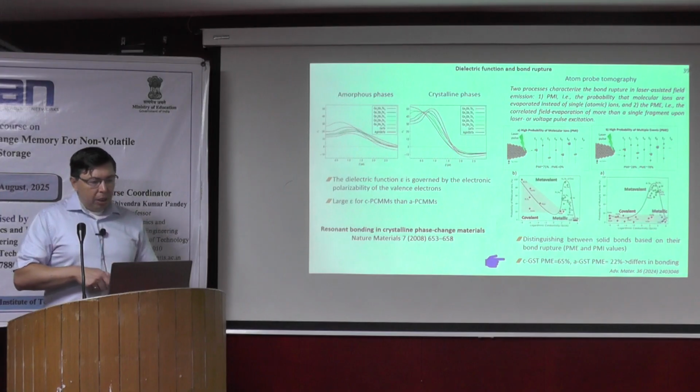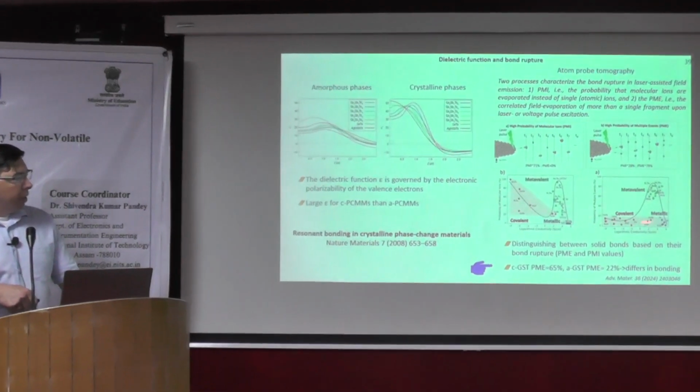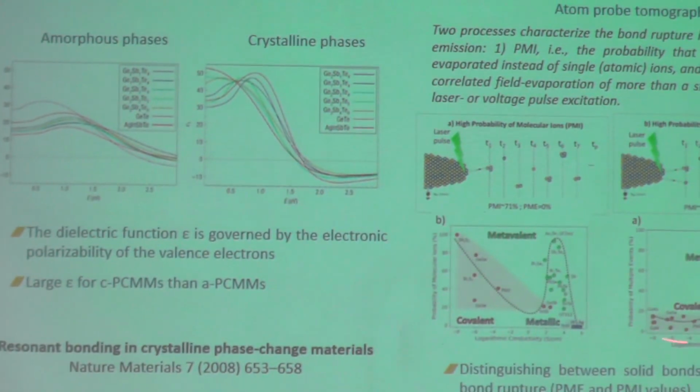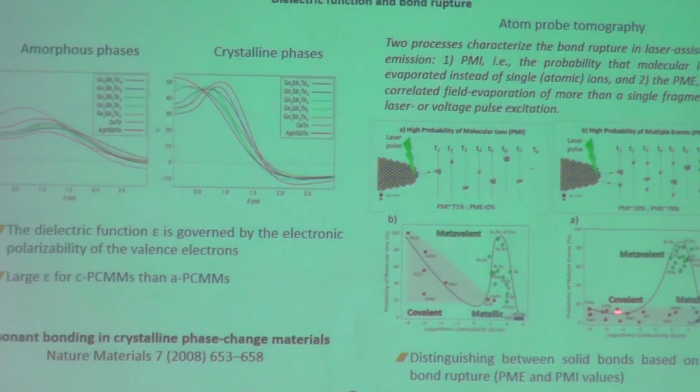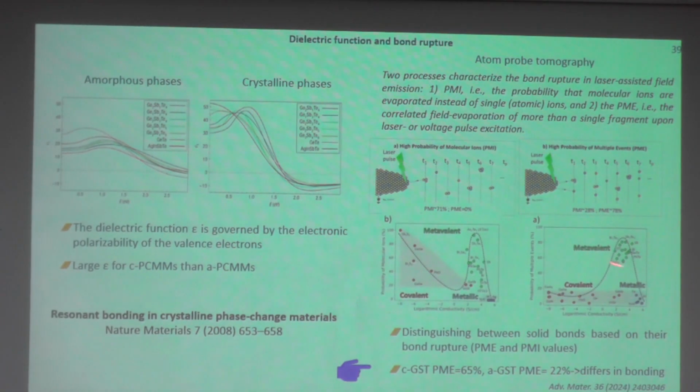But if you look at the second process, PME, you can see nicely that covalent and metallic solids give only about 20% of this event, while the phase change materials sit here and show a much higher PME event rate than normal covalent or metallic solids. This is also a nice technique because it shows you the rupture of bonds.